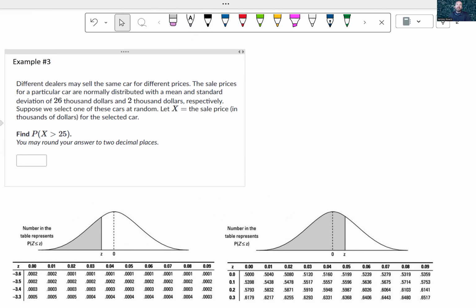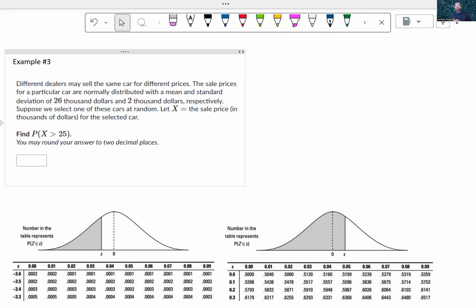So the mean is $26,000 and the standard deviation is $2,000. It says, suppose we select one of these cars at random. Let X equal the sale price in thousands of dollars for the selected car. Find the probability that X is greater than 25.